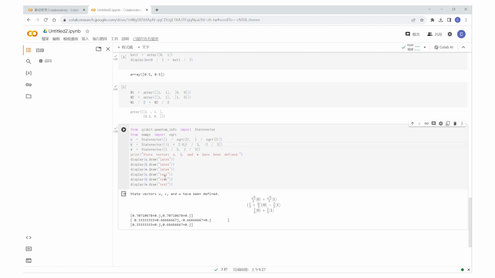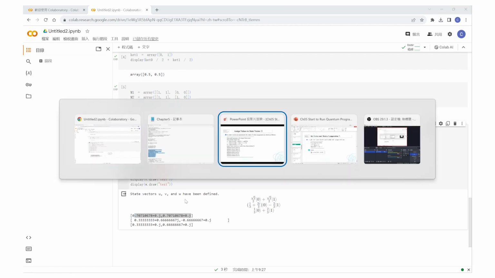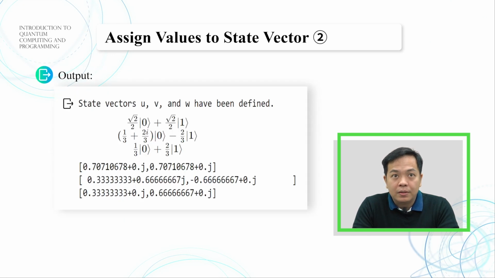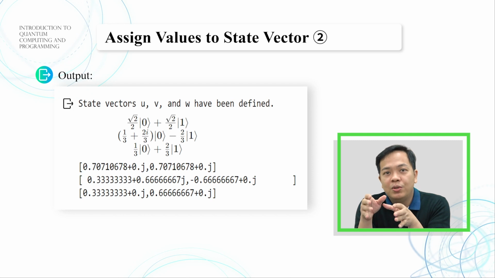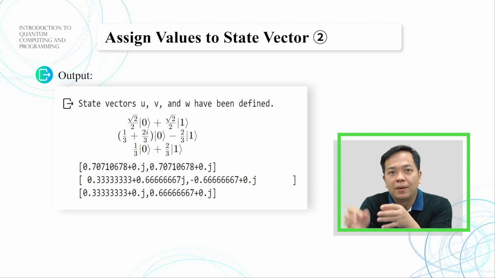Here we can see the full format for the mathematics, and this one calculates the decimal value for the vector. So that is the first result. After output, you show the vector.